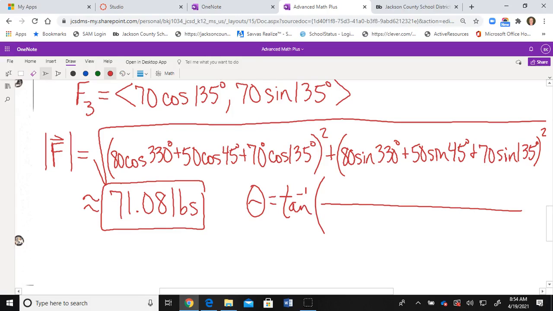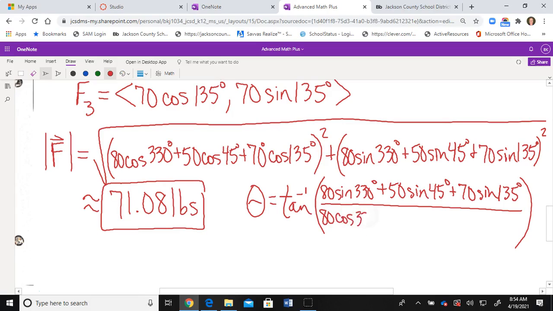So y equals 80 sine 330 plus 50 sine of 45 plus 70 sine of 135 divided by 80 cosine of 330 plus 50 sine of 45 plus 70 sine of 135.